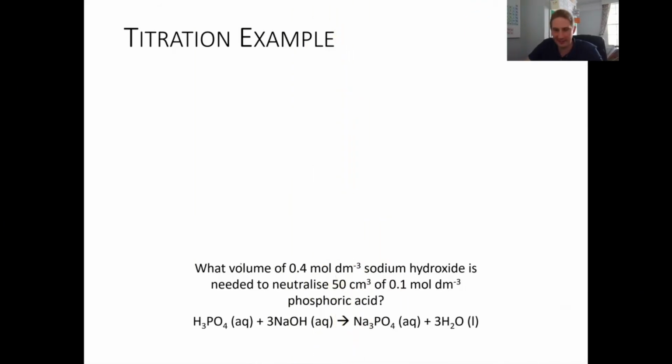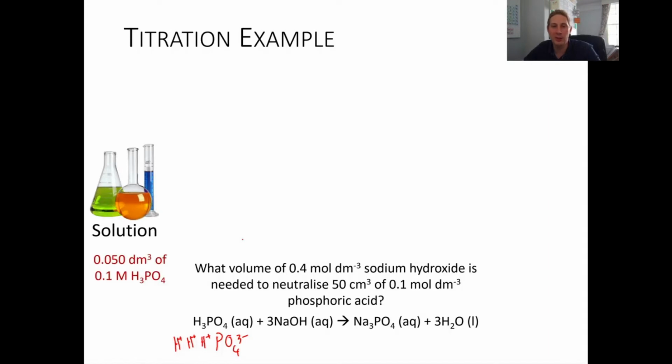So phosphoric acid, again, hopefully you know phosphate, PO4 3-, therefore 3 hydrogens needed to neutralise that charge, hence H3PO4. Sodium hydroxide, you should know, 3 of those. Sodium phosphate and water.